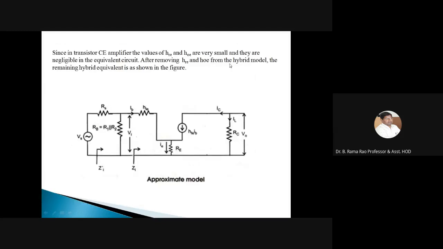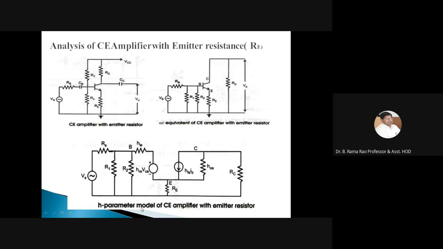Now, after neglecting hre and hoe, we can redraw the circuit. After removing hre and hoe from the hybrid model of the previous circuit, we have redrawn the circuit, keeping the other parameters as they are. So this is the approximation model; the previous one is the exact model.